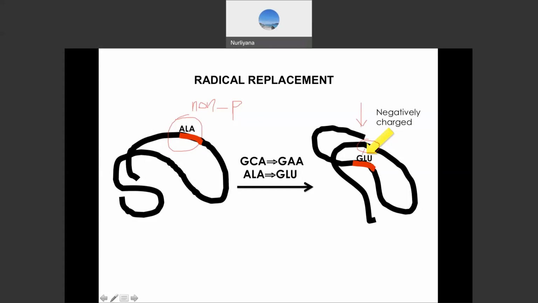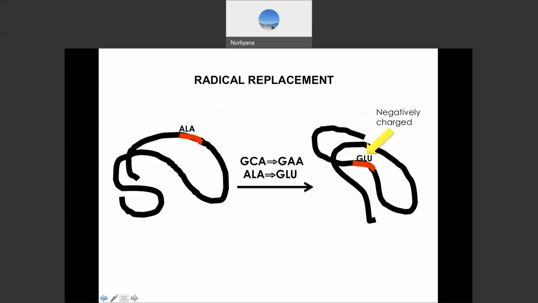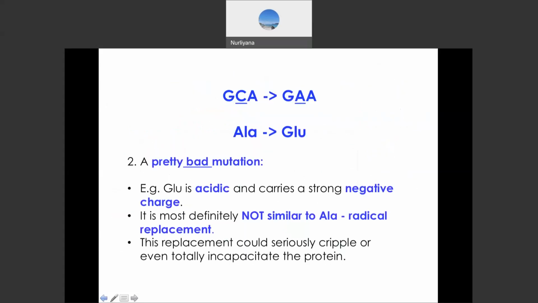So there are possibilities of this amino acid giving a different effect. So this is still considered bad, but it's not that bad. It is a pretty bad mutation.